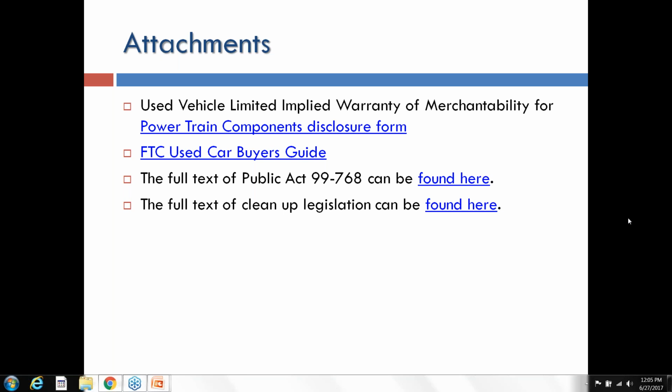And one of the things, a question I've had earlier, there's kind of a couple of things going on. The Federal Trade Commission changed the buyer's guides back in late January, but then gave everybody a grace period to use up their old forms until January of 2018. And that's true as far as it goes, except now you will need to switch over from the as-is guide to the implied warranties guide.